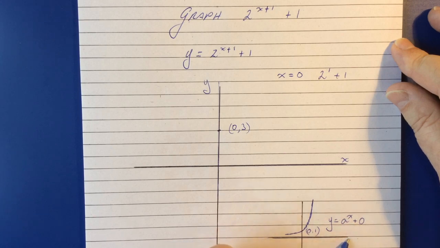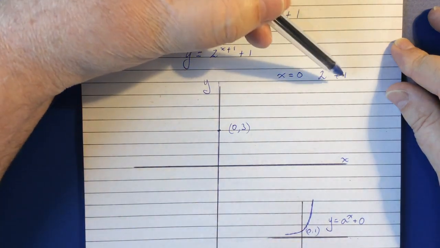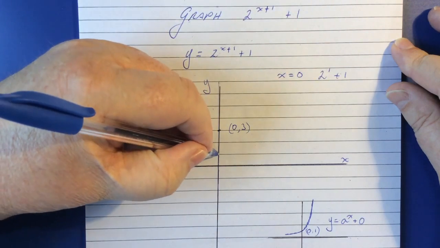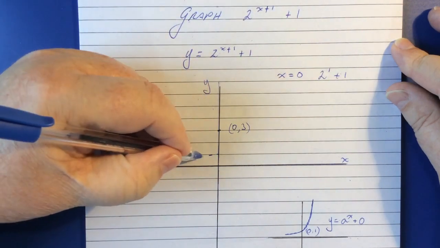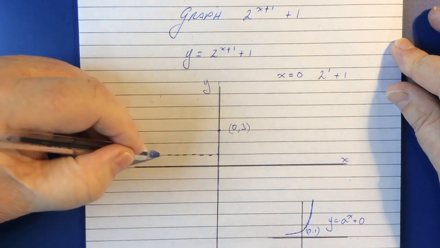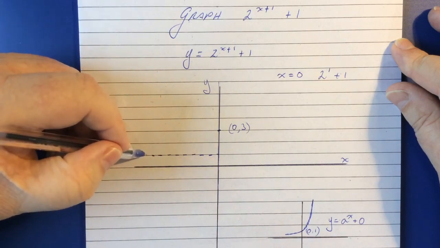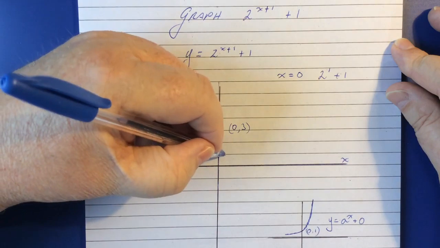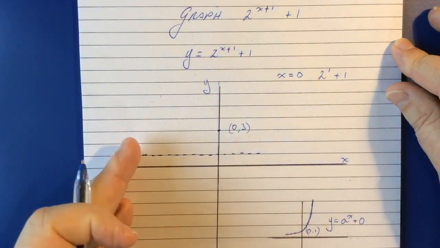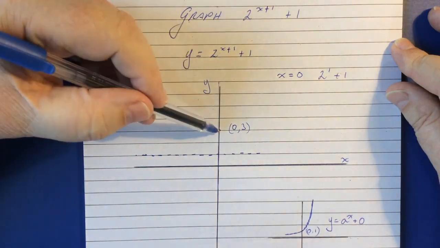That 0 is an indication of our asymptote, y equals 0. Here we have an indication of our asymptote, which is at y equals 1. So what I'm going to do is draw in a dotted line to indicate the asymptote. I'll extend it over here, but it's actually on the left-hand side of this graph that's important.